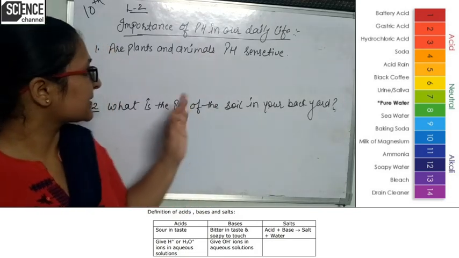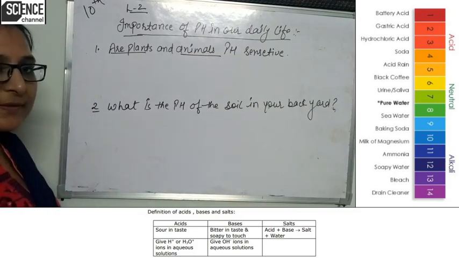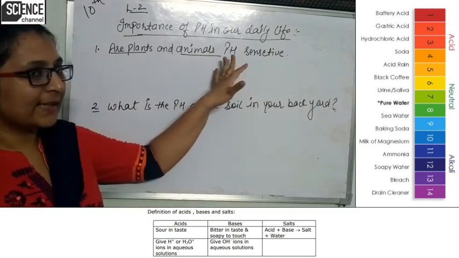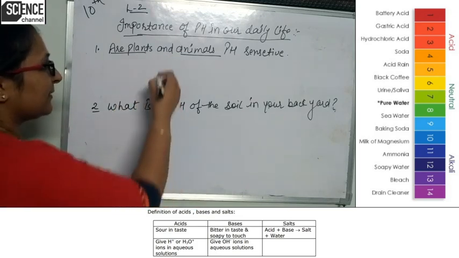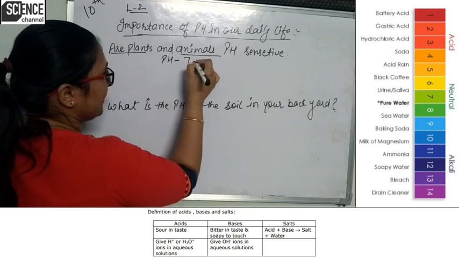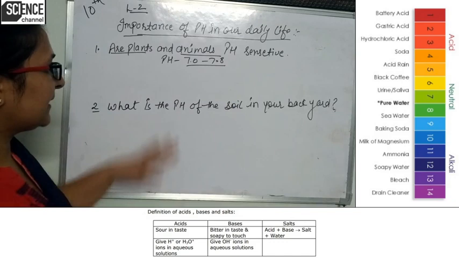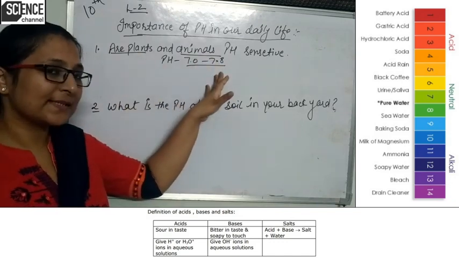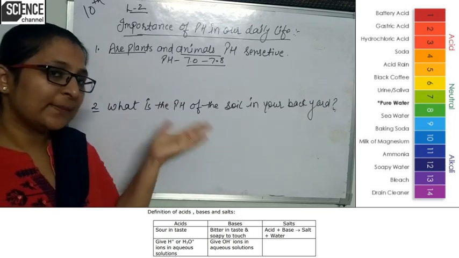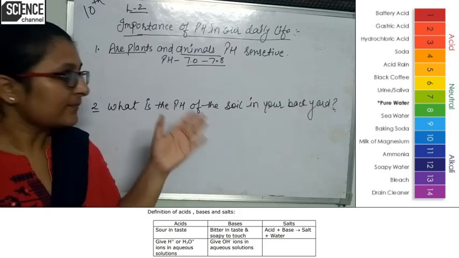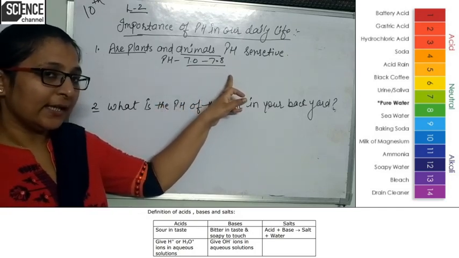Firstly, our plants and animals are pH sensitive. pH sensitive means they have their own pH range, 7 to 7.8, on the pH scale in which they live.